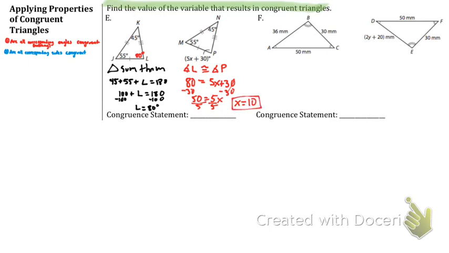To check our answer, if we plug in 10 for x, it better equal 80 degrees. We're going to do this mentally. 5 times 10, plug it in for x, that's 50. 50 plus 30 more, that gives me 80. Now these two triangles are congruent.